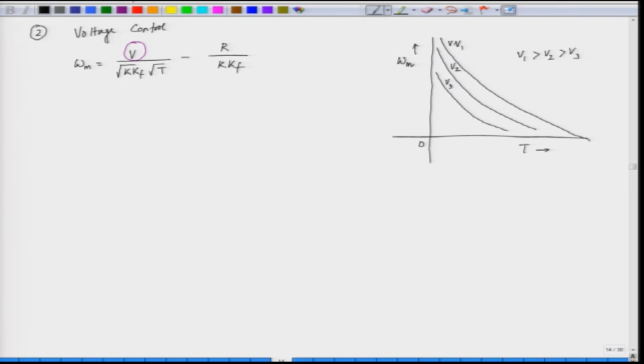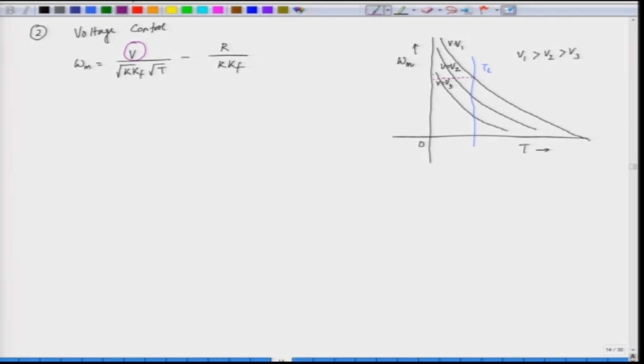So, V is equal to V 1, V is equal to V 2 and V is equal to V 3, and in this case the voltage is decreased here V 1 to V 2 to V 3, and we get the characteristic here, and if the load has got constant load torque profile T L, the speed is determined by the intersection of the load with the motor characteristic.